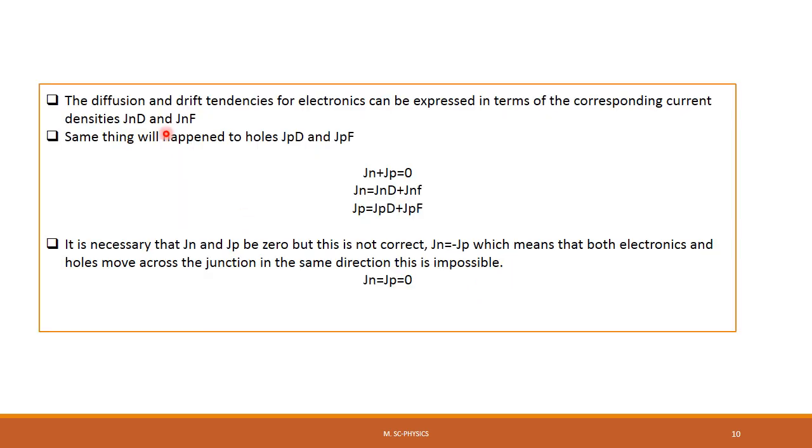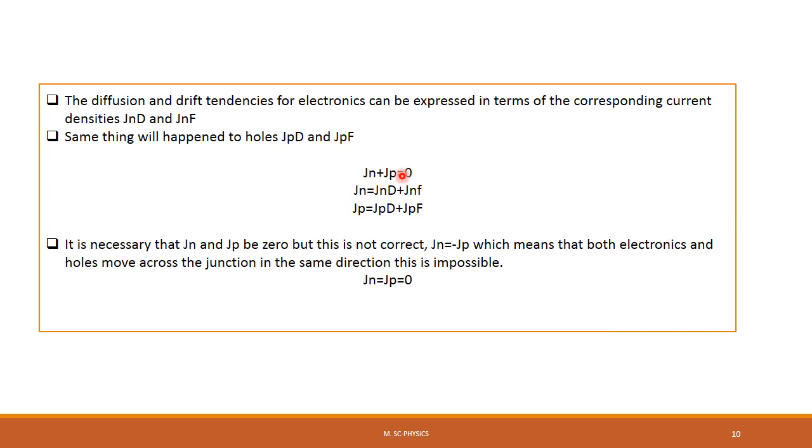And the diffusion and drift tendencies of electrons can be expressed in terms of the corresponding current densities JND and JNF. The same thing happens for holes, JPD and JPF. Jn plus Jp is equal to 0. It is impossible for the diffusion and drift tendencies of electrons and holes both to be equal to 0.